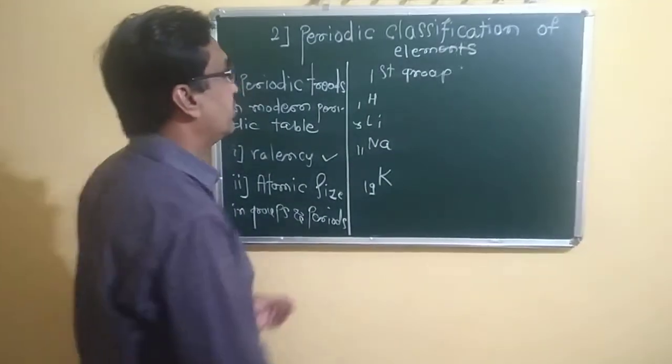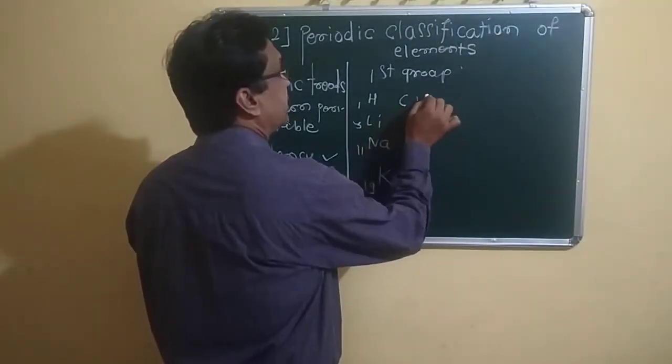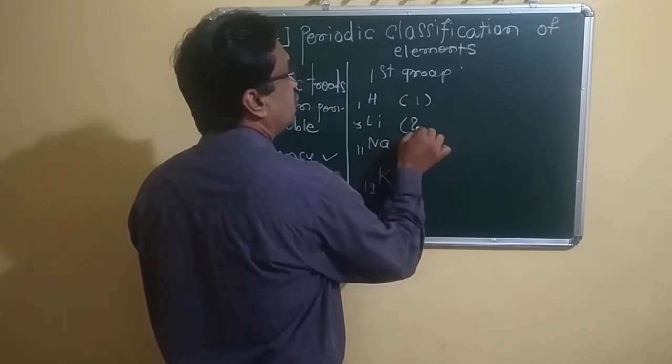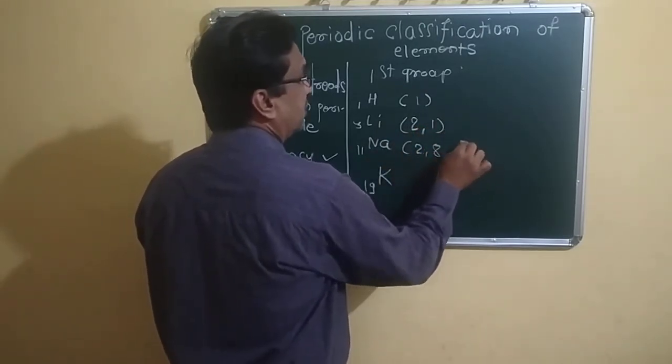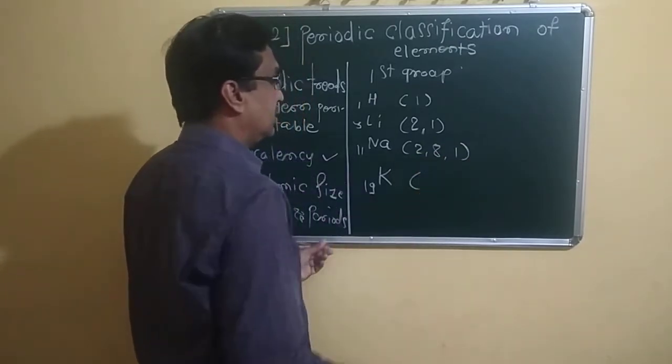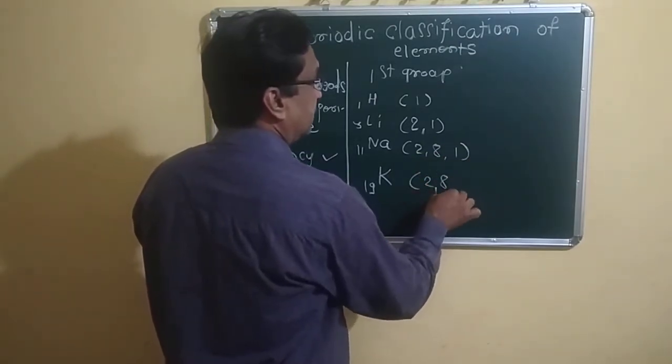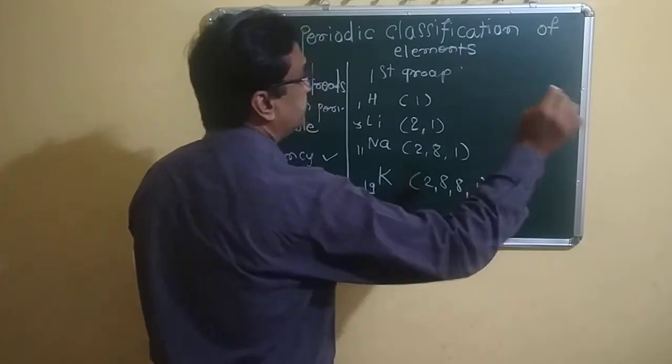We write down the electronic configuration: hydrogen 1, lithium 2, 1, sodium 2, 8, 1 and potassium 2, 8, 8, 1.